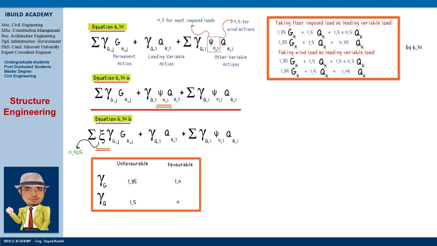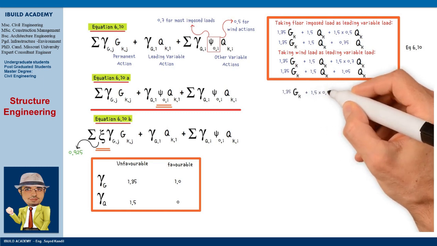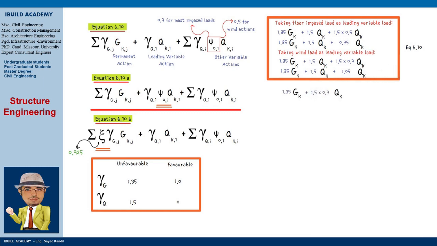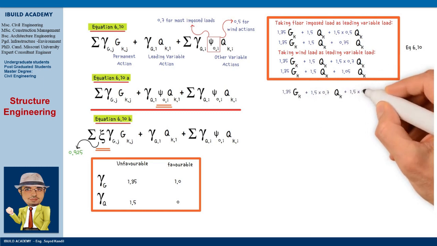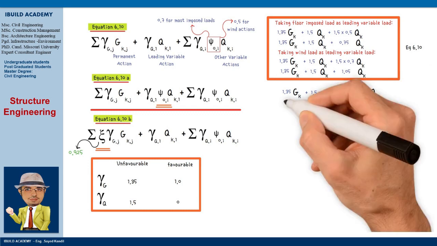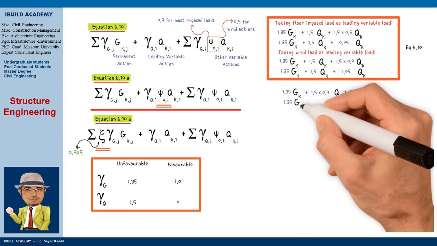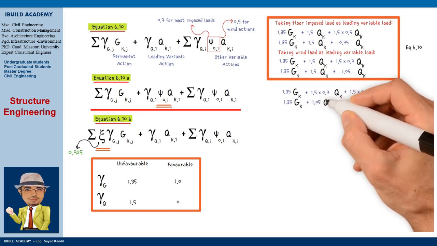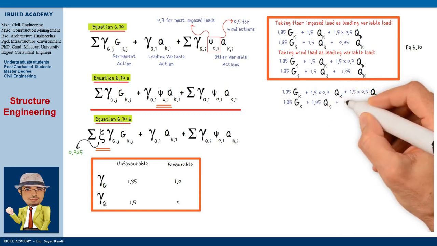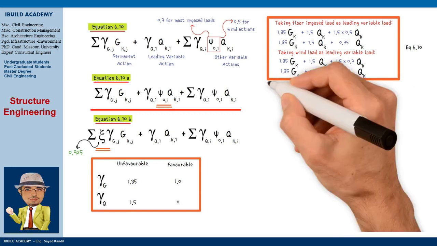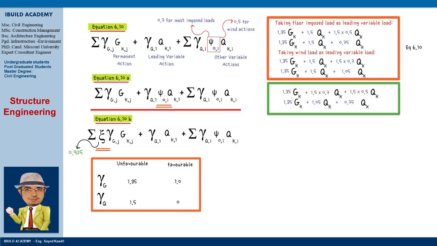For the floor imposed load, that is 1.5 times 0.7, for the wind load, that's 1.5 times 0.5. We get 1.35 times the permanent action, plus 1.05 times the floor imposed load, plus 0.75 times the wind load.